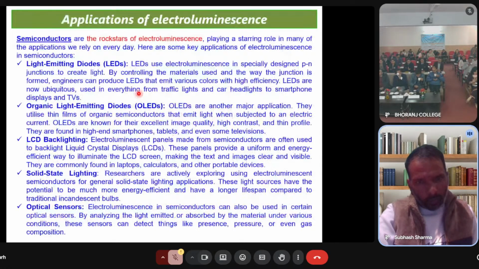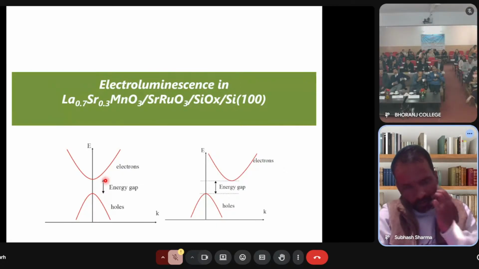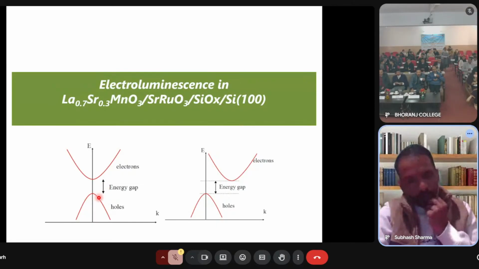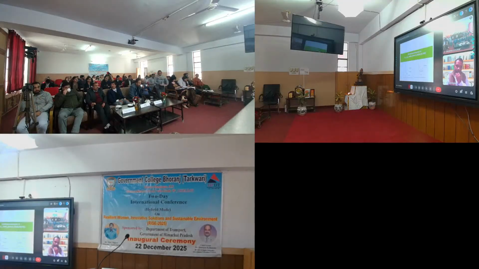Any kind of luminescence depends on these transitions. Either your material has a direct band gap, where direct band gap means the top of the valence band and the bottom of the conduction band are at the same momentum, right? And this is indirect.